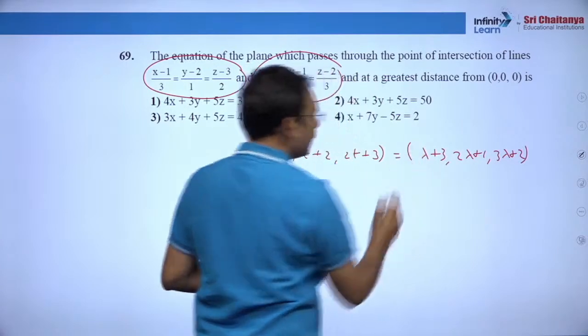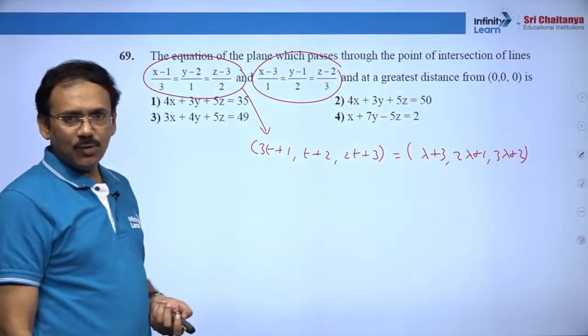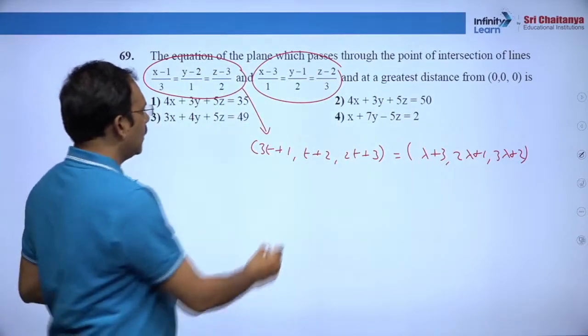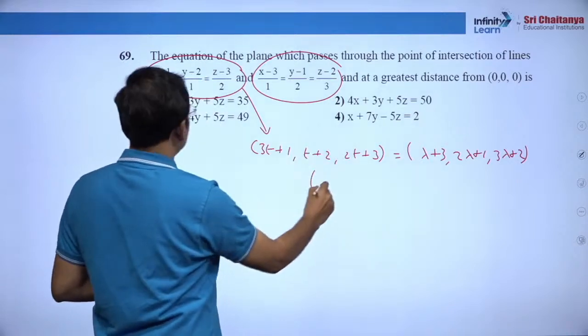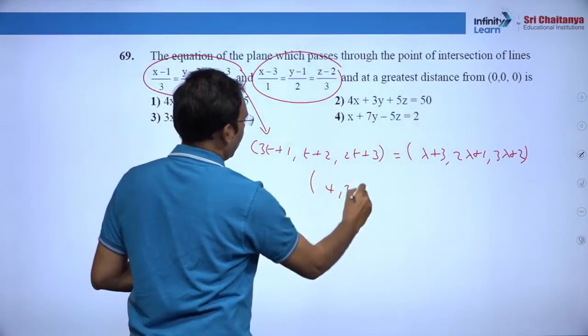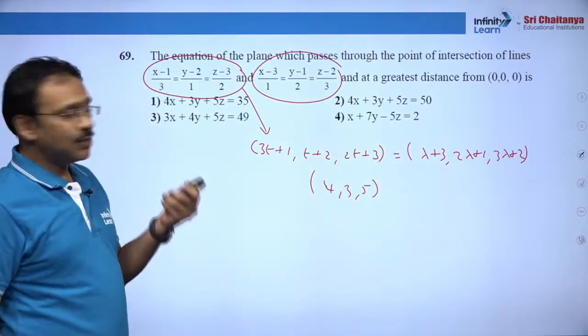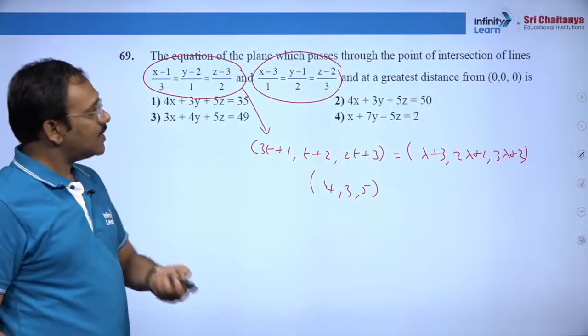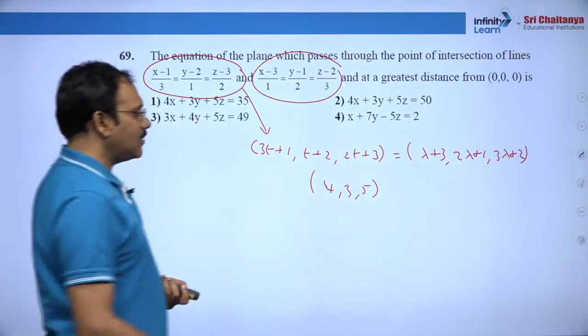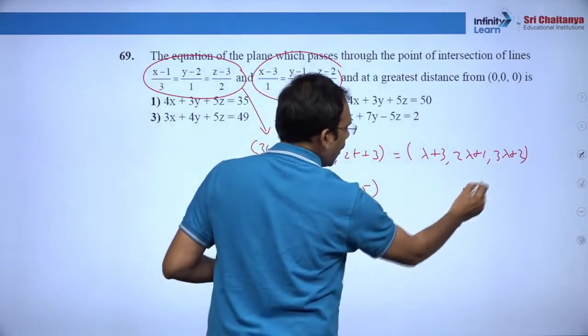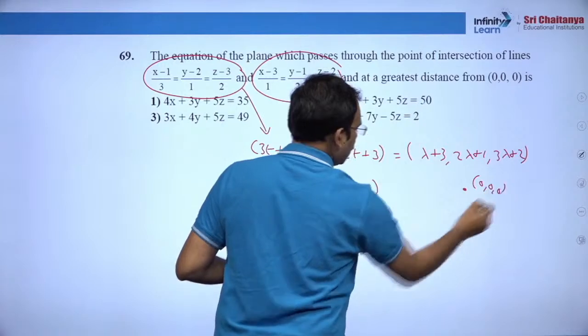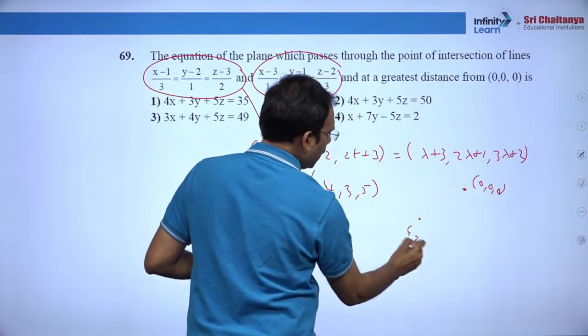You equate them, there exist unique lambda and mu such that these two are equal. For those values you will get the point 4, 3, 5. Okay. So, friends, there is a plane passing through this point and at the greatest distance from the origin. What does it mean? You see, friends, suppose the origin is here, 0, 0, 0, there is a point 4, 3, 5.